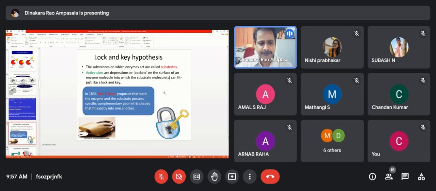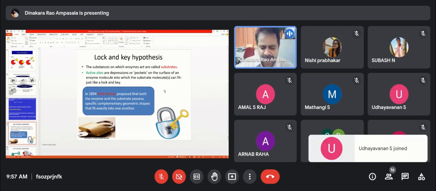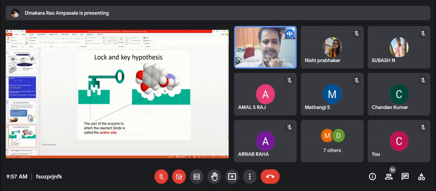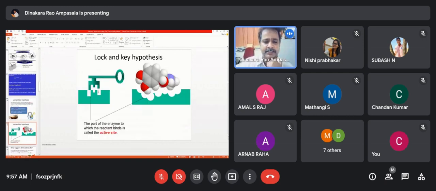This was believed for several years, because it explained how the structure of the substrate fits. So here you can see the active site and substrate. If it has the same orientation, same binding structure, then only it will interact with the active site. So here also you can see the substrate molecule.